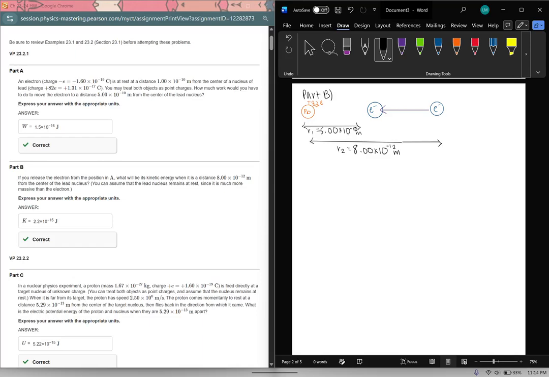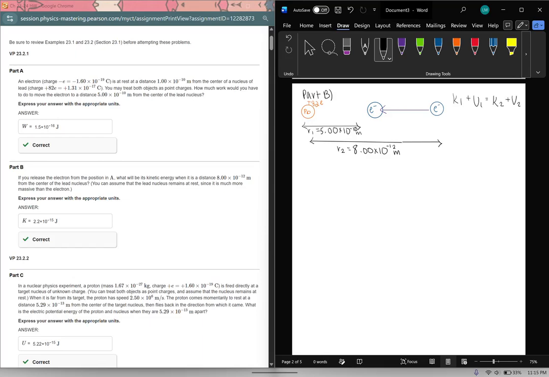In the equation for this one, it's going to be the K1, or initial kinetic energy, plus the potential energy, which is U, and then the final is going to equal the final kinetic plus the final potential.